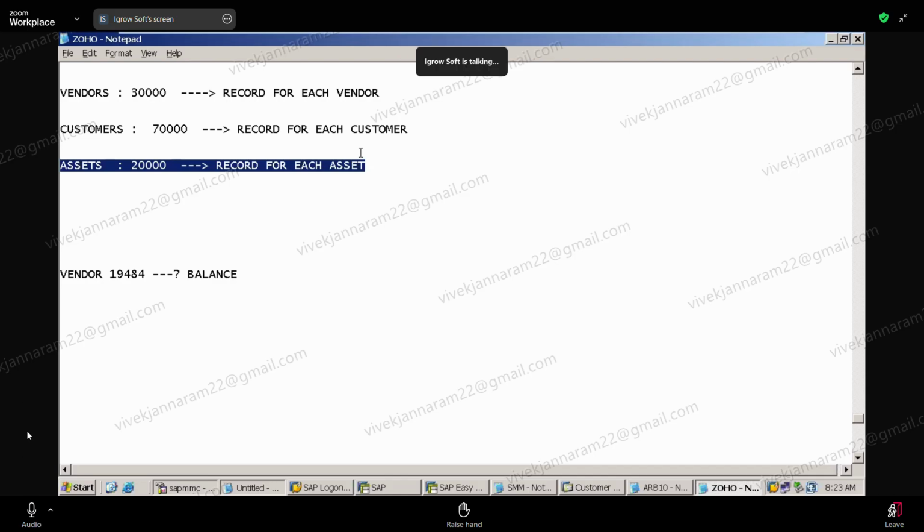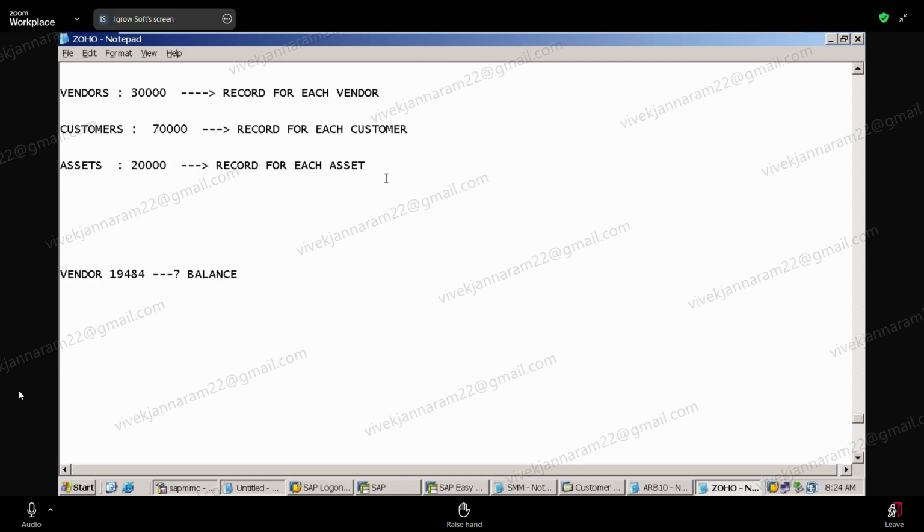Not just one more, 14 will go, one will remain as a sample. You understand? That's why we should maintain a record: what is the asset, where it is, who is responsible.